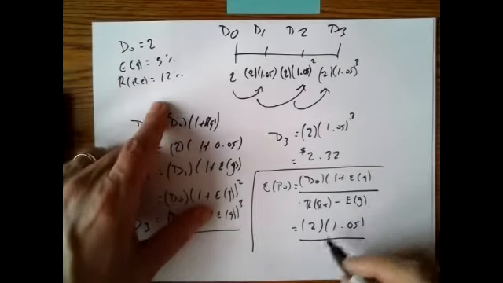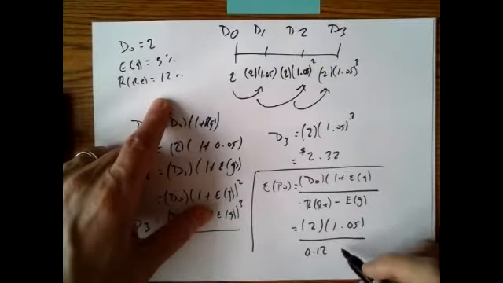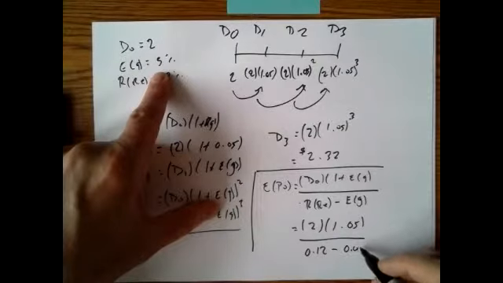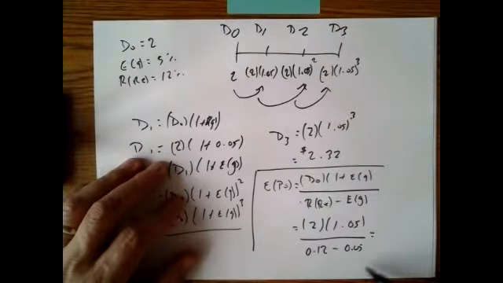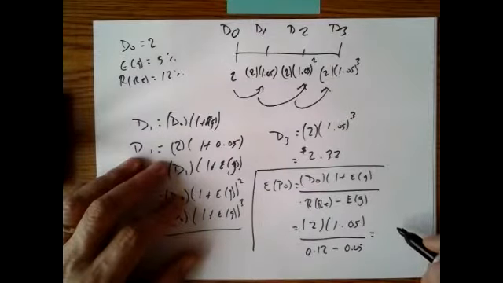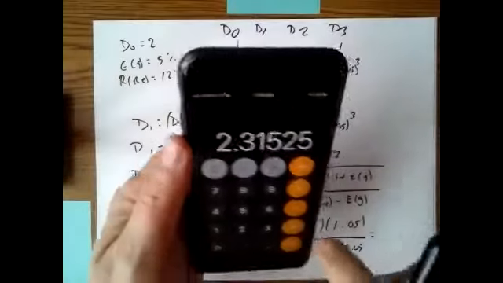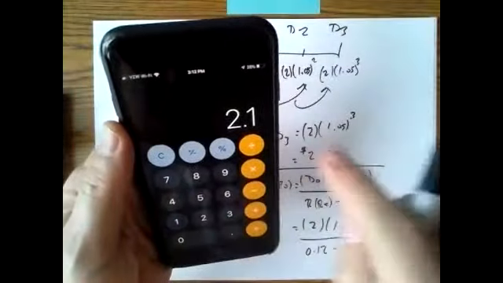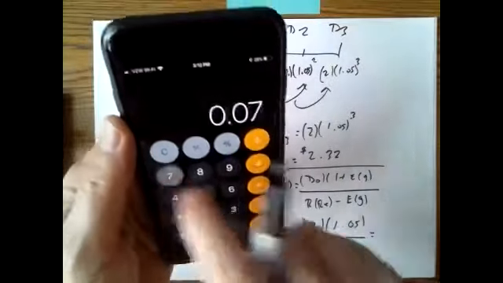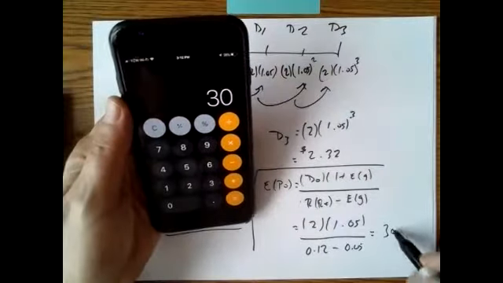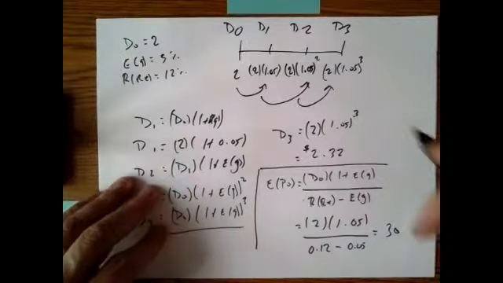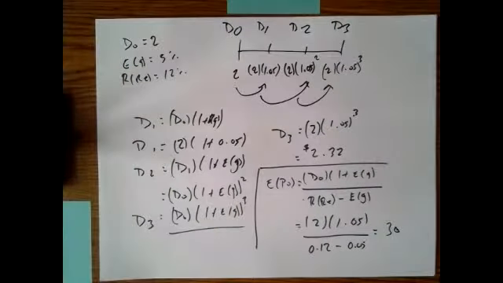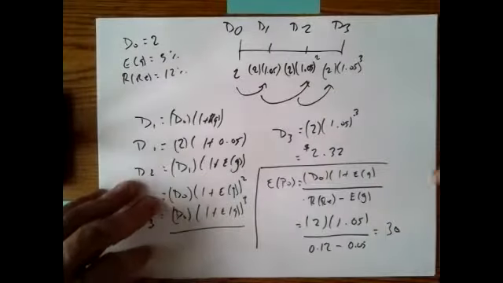RE is 12%, which we shift to a decimal, minus the growth rate. So we get 2.1 divided by 0.07, which gives us 30. So at time 0, we believe the value is 30.